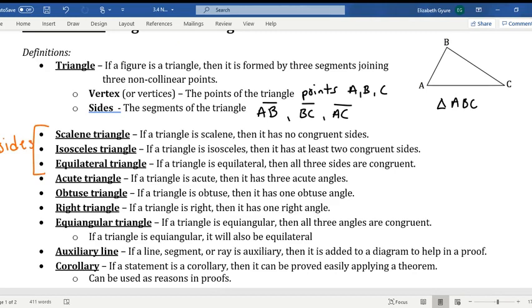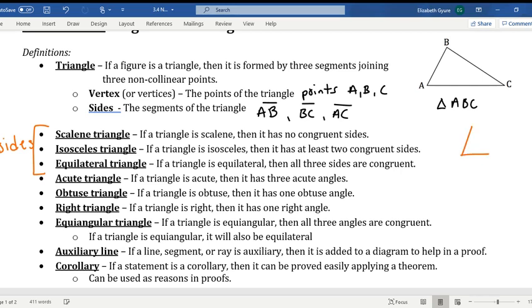If a triangle is scalene, then it has no congruent sides. So none of the sides would be congruent to each other. If a triangle is isosceles, then it has at least 2 congruent sides. Keyword there being at least. Make sure you pay attention to that phrasing, at least 2 congruent sides.